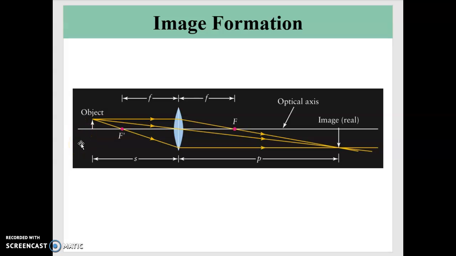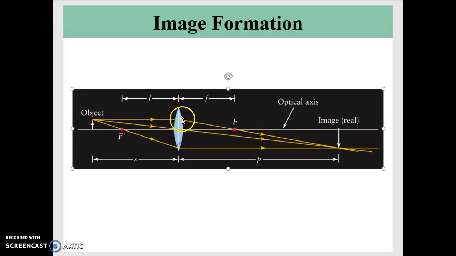If I have this object here, and let's say I know the focal length, and by the way, for a simple converging lens, I have two focal lengths because it doesn't matter which side of the lens I use. A simple converging lens has the same curvature on both sides, and so this is a symmetric lens.